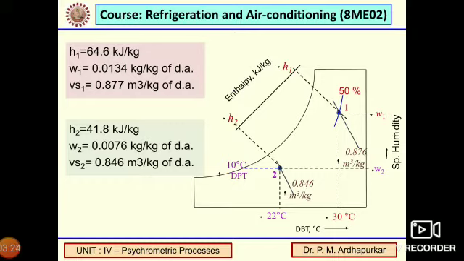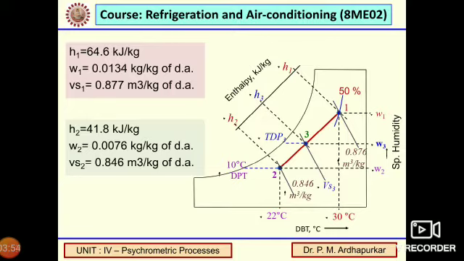Now you know that the mixture condition, that is point 3, will fall on a line joining point 1 and 2. Now in order to locate point 3, if you calculate enthalpy, for example, you can locate point 3, or you can calculate specific humidity for mixture and you can locate point 3.